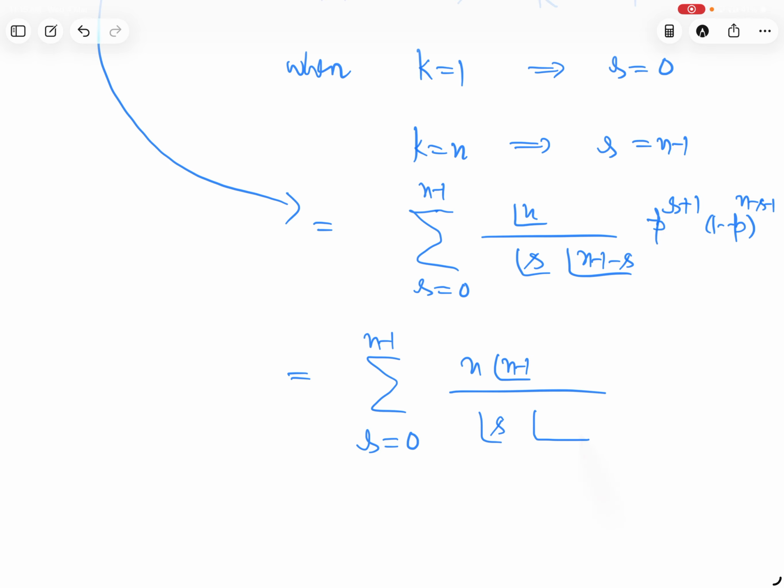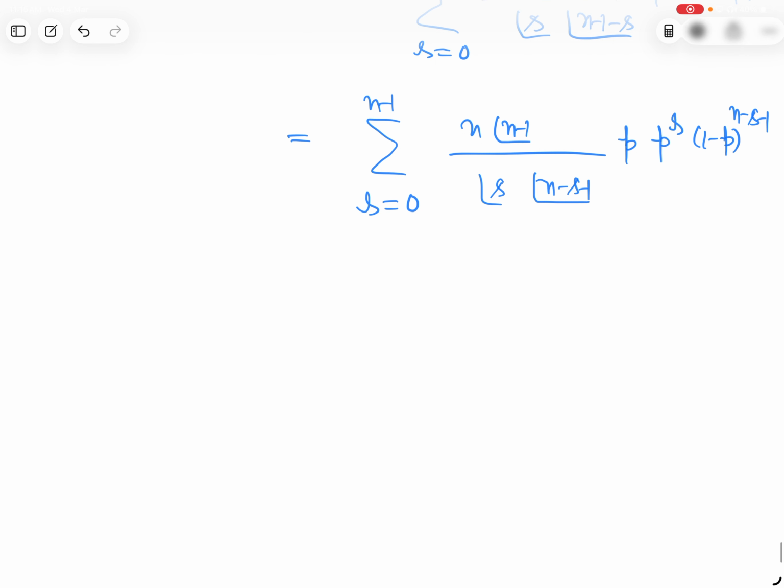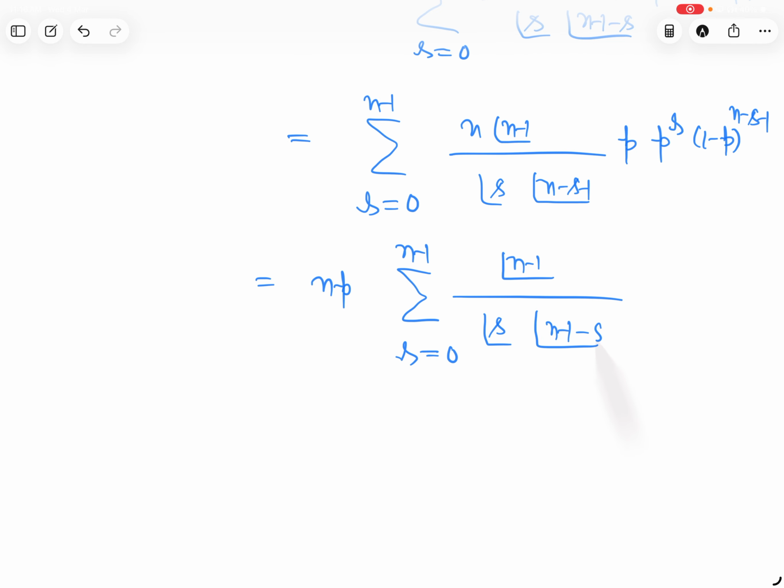Then factorial s, factorial n minus s minus 1, p to the power s plus 1. n and p I can take outside, so it will be np, summation s goes from 0 to n minus 1, factorial n minus 1 upon factorial s factorial n minus 1 minus s, p to the power s, 1 minus p to the power n minus 1 minus s.